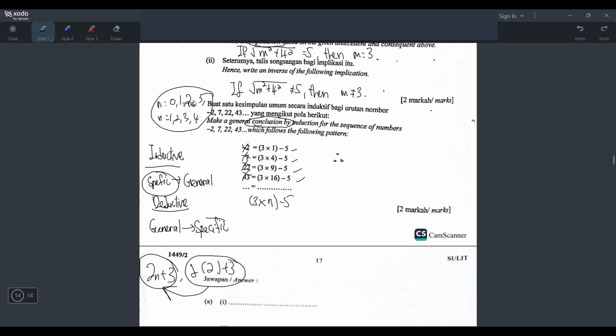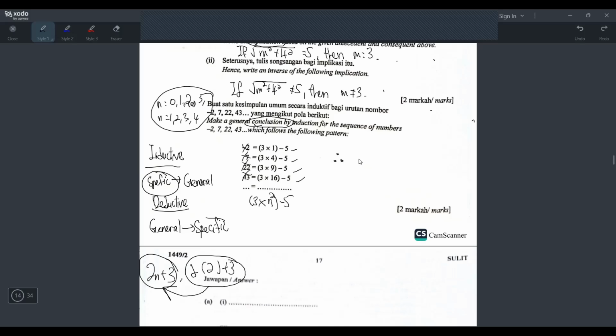Then only is considered correct. But your n now is 1, 4, 9, 16. So what you have to do is you have to put square here, because 1, 4, 9, 16, these are all perfect squares. So 1 is actually 1 square, 4 is actually 2 square, 9 is actually 3 square, 16 is actually 4 square. So you actually have to write n square here.